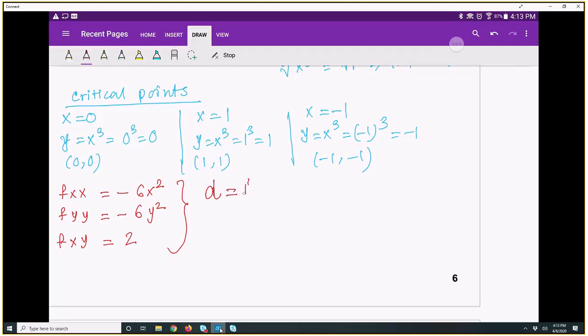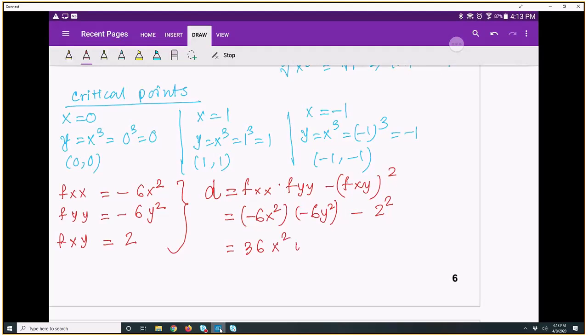This is fxx times fyy minus fxy whole to the power 2. So I get minus 6x squared times minus 6y squared minus 2 squared, and that is 36x squared y squared minus 4.